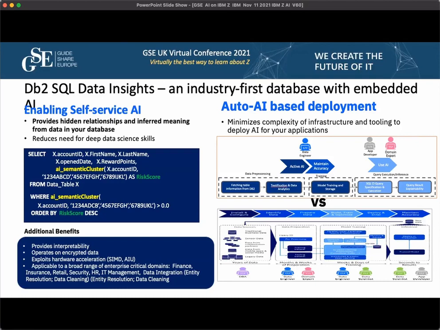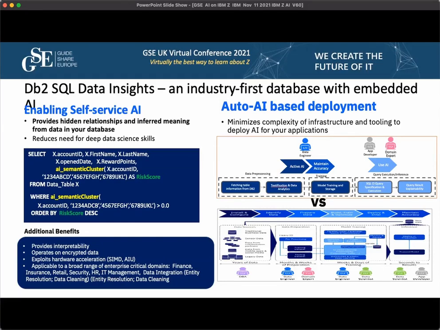So what we're doing is, right in the Db2 engine, we're transparently providing AI by transparently training a neural network model on your Db2 database data and building a vector table of the semantic meanings of that data to help you, with simple SQL queries, detect patterns between the data, hidden relationships between the data.